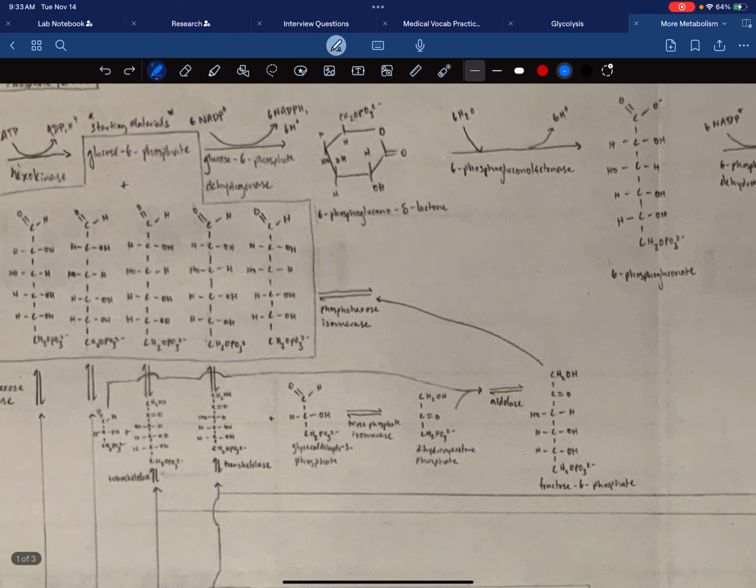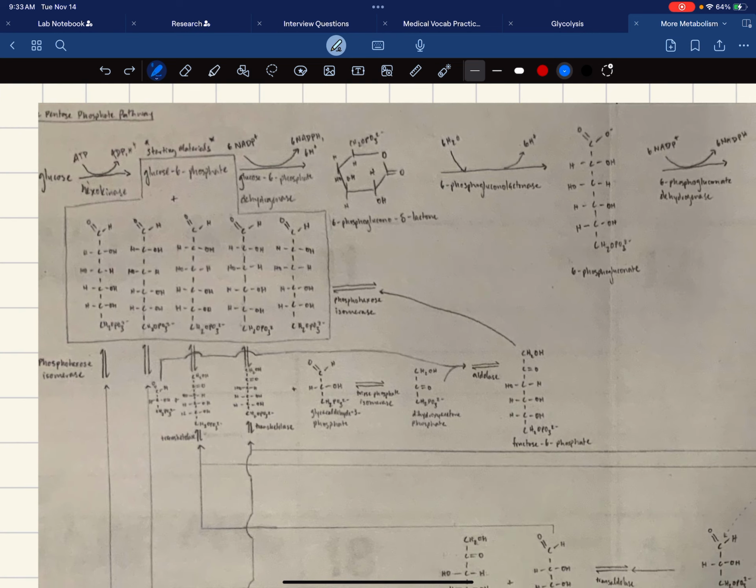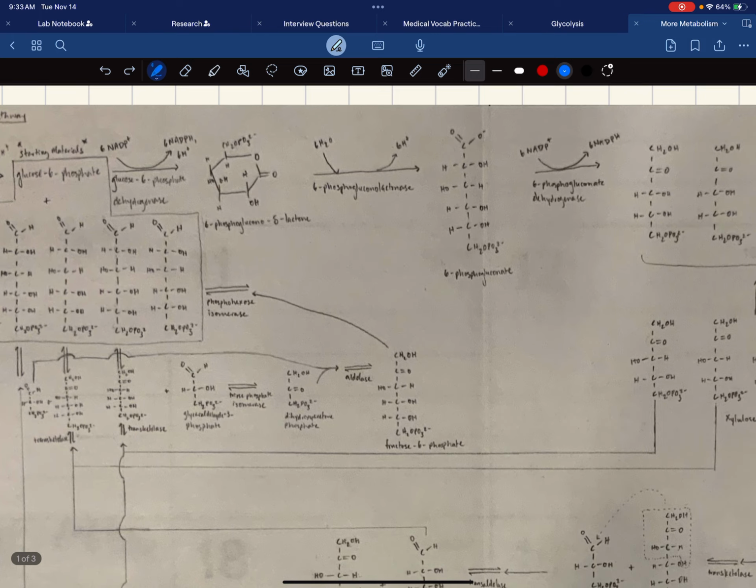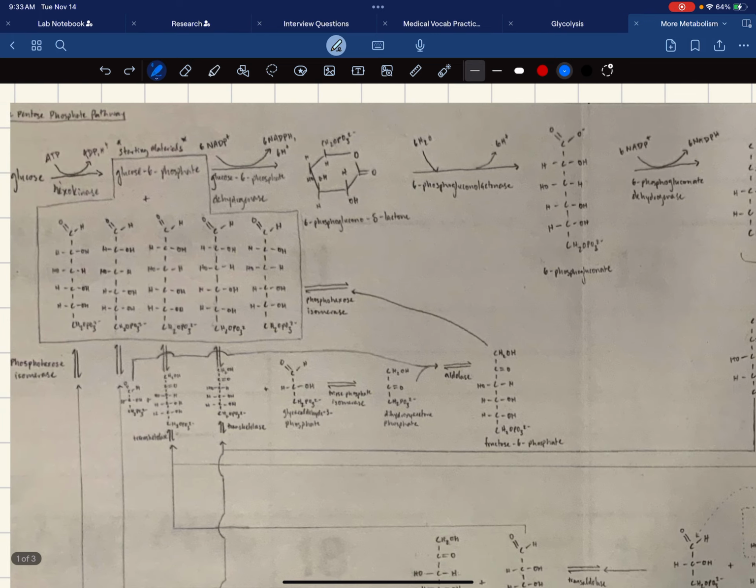And at the end of this pathway, you're going to regenerate those five glucose 6-phosphates. The reason that the pentose phosphate pathway is run is mainly for biosynthetic purposes.